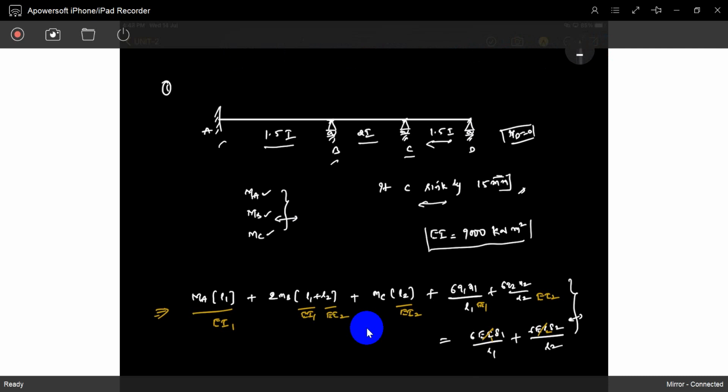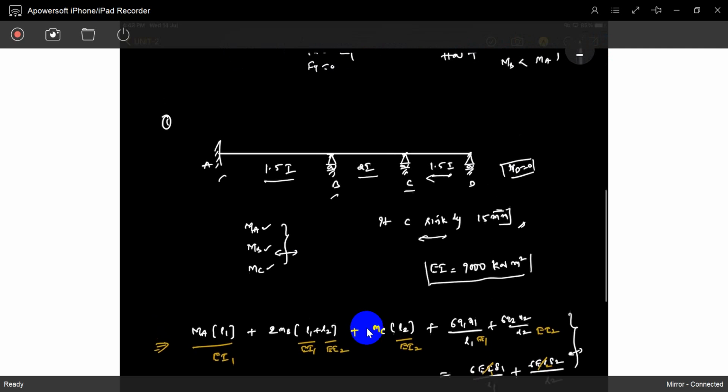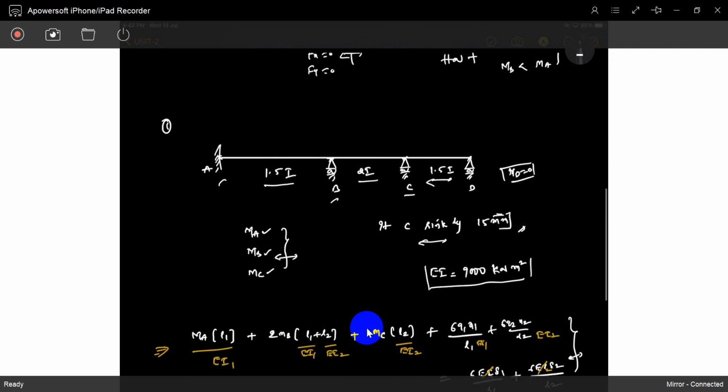First, what will we do? We already know if there is a fixed beam, we can't. With spans A, B, C we get one equation, and with B, C, D we get another, so two equations, but there are three unknowns. That's why we have to assume some A dash support also there, where L is 0 and EI is also 0.